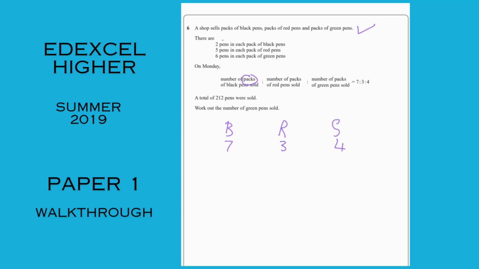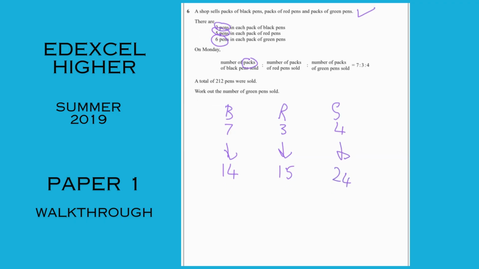But for black pens, there are 2 in each pack. So actually 7 packs means 14 pens. There are 5 in each pack of red. That means 15 pens. There are 6 in each pack of green. So that means 24 pens.